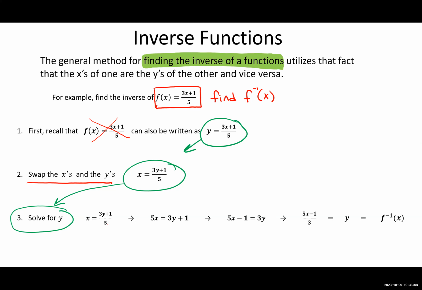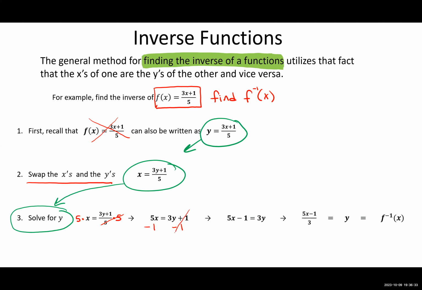x equals 3y plus 1 over 5. Let's solve for y. So the first thing we could do is multiply both sides by 5. That'll cancel this 5. So now we have 5x on the left, 3y plus 1 on the right. We can subtract 1 from both sides.